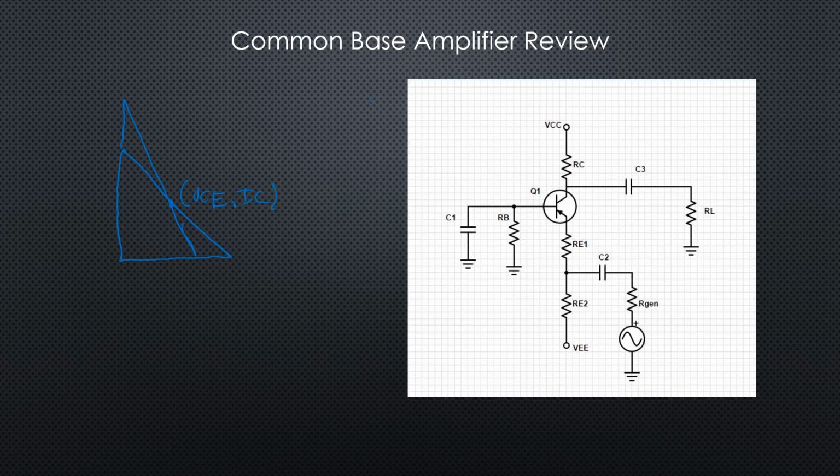We know we've got 2 points that are important here: VCE AC cutoff and IC AC sat. And our IC AC sat is equal to VCE divided by RC in parallel with RL, plus IC.